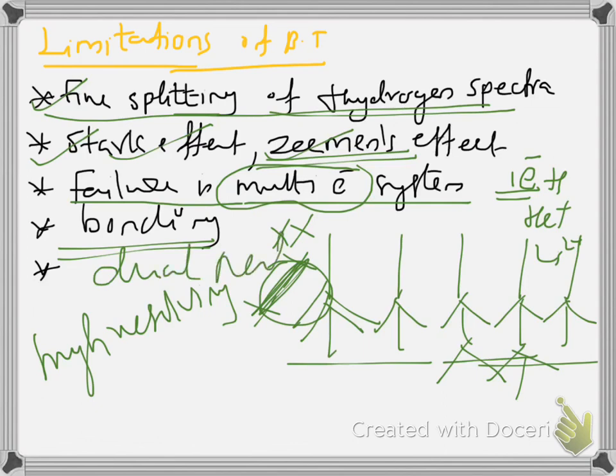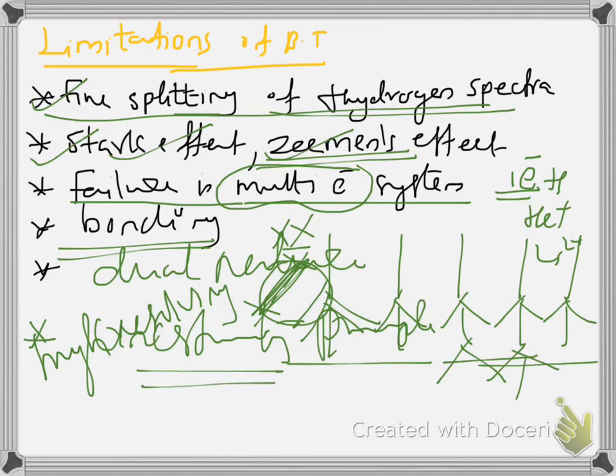Dual nature of matter proposed by de Broglie, that we will see in next class. And uncertainty principle. He also failed to explain uncertainty principle of Heisenberg. These are the basic demerits of Bohr. By this, we completed the classical concept of atom model.